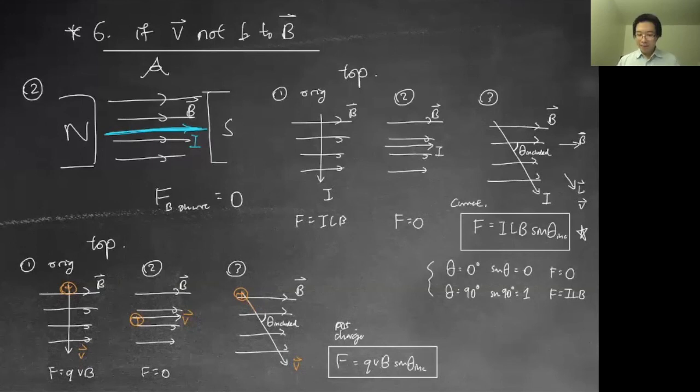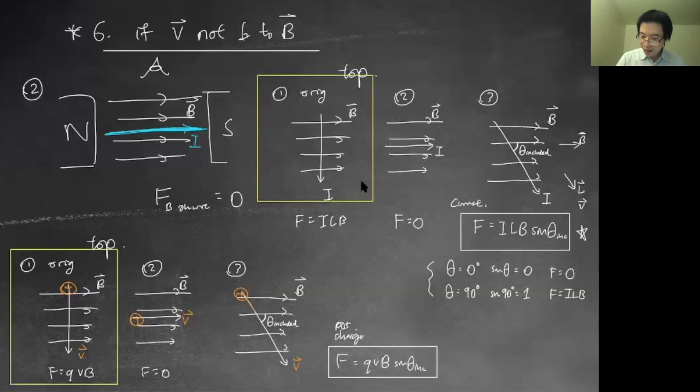So yeah, I think the main thing to practice out of this is the directions: if I give you a B, find out which way the force is. And actually here, this is a pretty good example. I'll put it in a box as well. Try to find out which way the force goes for these two cases on the wire. So question: find the direction of the magnetic force that results.